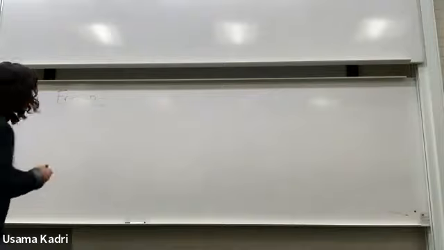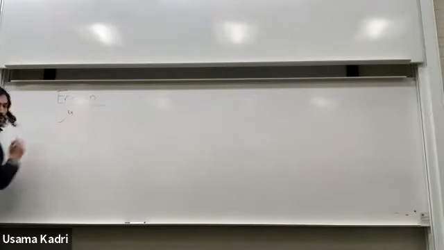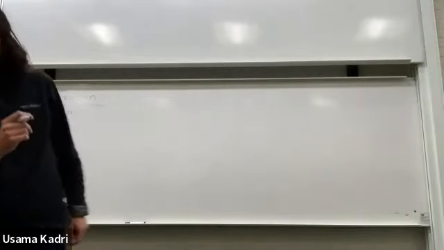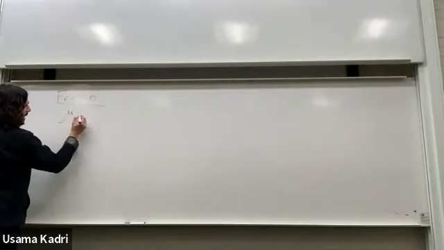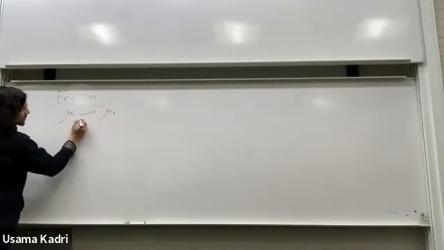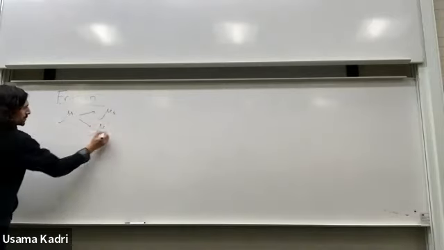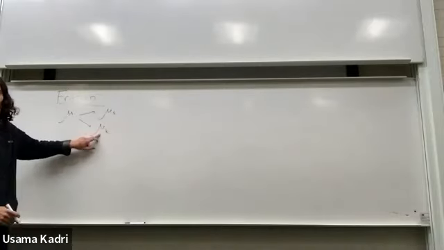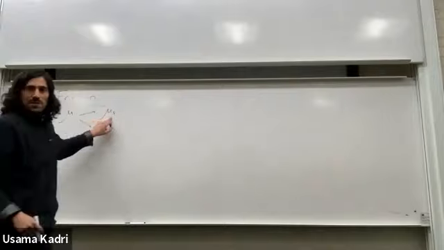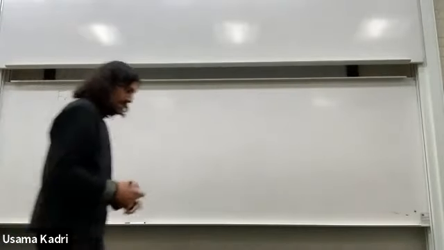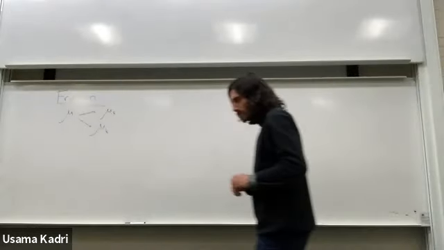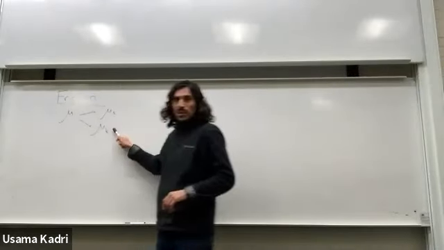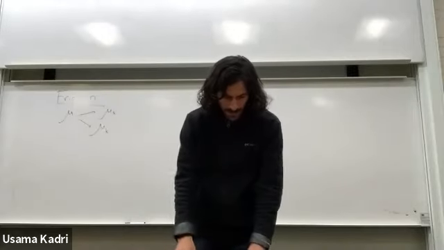So mu is the friction coefficient, and you can have either mu s for static or mu k. So mu k is if it's moving already, and mu s is if it's static and you want to make it start moving. So mu s is always larger than mu k.